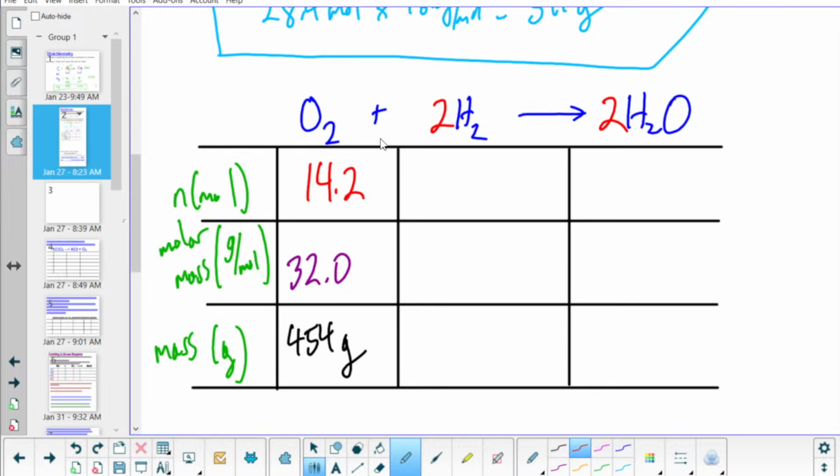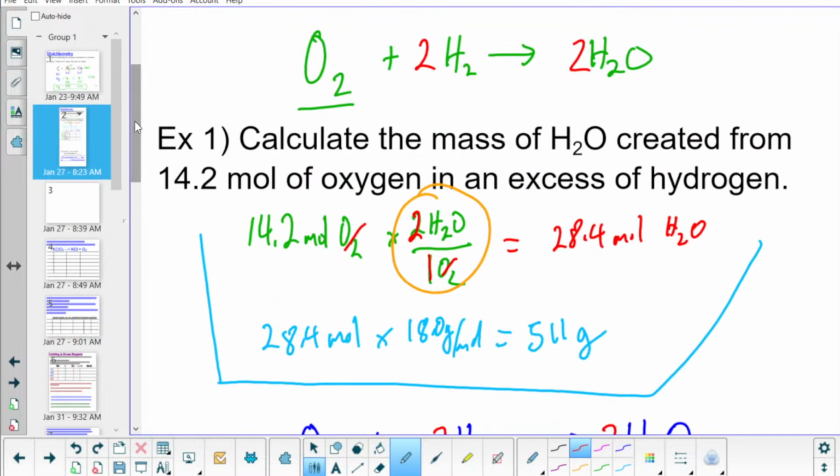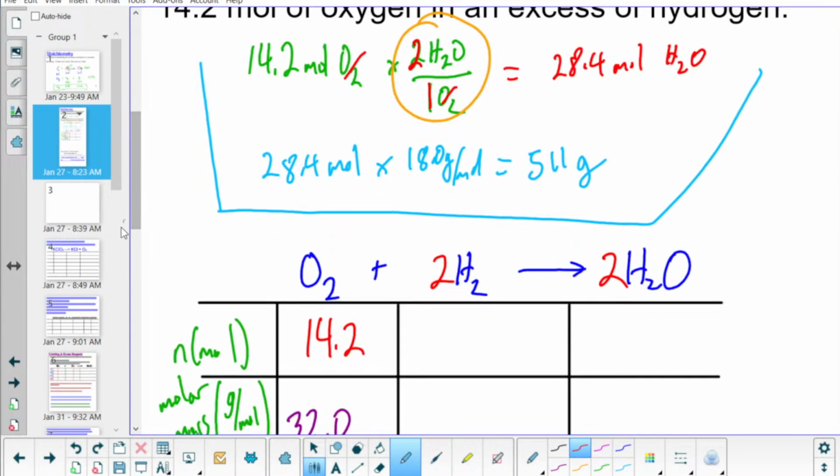However, if we were to move from one species to the other, we have to take into account the coefficient. So over here, we multiply by 2 over 1, because it's a 2 to 1 ratio.